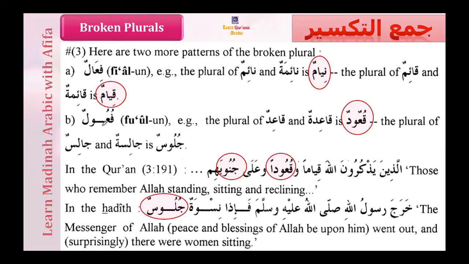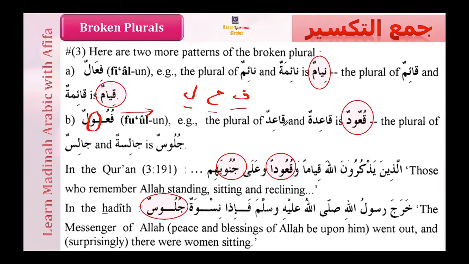So for example, let's take fu'ulun. This pattern contains the three root letters, fa, ain, and lam. To these root letters, we have added the waw, and we've put dhammas on the fa and the ain. There's a dhamma, and then there's a waw added to make this pattern. But these are the three root letters. Fa'ala, fu'ulun. Similarly, this word, qa'idun, means sitting.